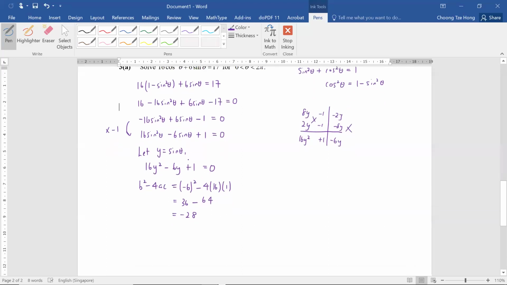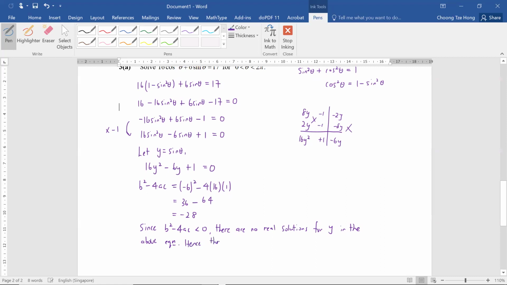Let's write down the conclusion. Since b squared minus 4ac is less than 0, there are no real solutions for y in the above equation.